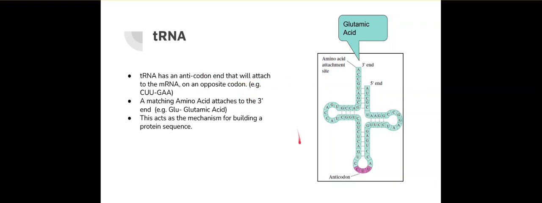So this is where that hairpin becomes important. Transfer RNA has what's called an anticodon in that hairpin. And on the opposite end, you will get attached there the opposite of this CUU, which in this example would be GAA.